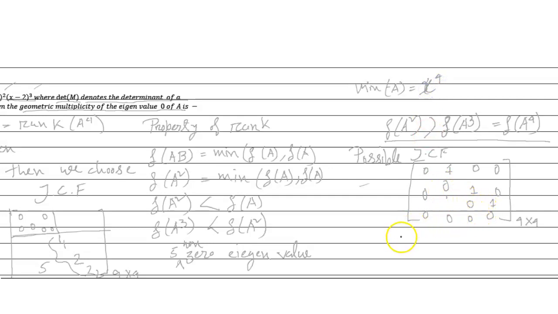So friends, you can see that this is my A. So A square, if I multiply, whatever I get, you will write here another A, and the entries are 0.